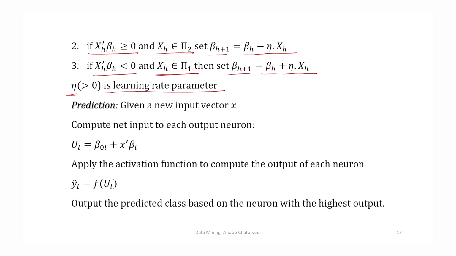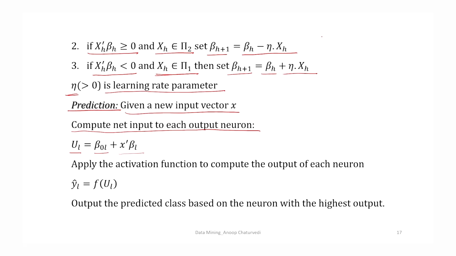Once we train the model, we can use it for prediction also. Suppose we have a new input vector x, and your objective is to classify this input vector into either pi_1 or pi_2. Then we compute the net input to each output neuron. Say you compute u_L equal to beta_0L plus x transpose beta_L.